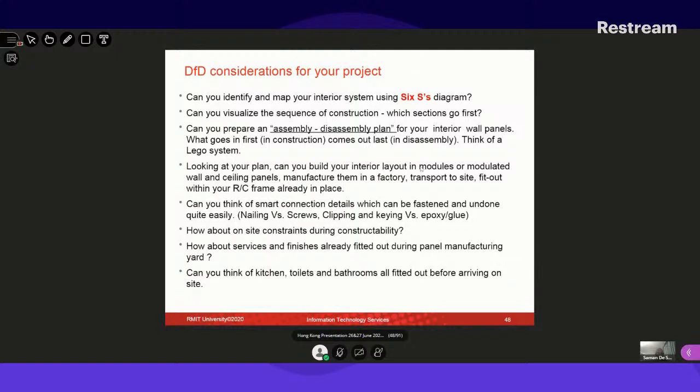I have also given here about 6 or 7 dot points, actually 8 dot points, and in summary, what this is about is what DFD considers for your project. Read these, and when you are writing your report, you can use some of these ideas and say, okay, I have considered this.